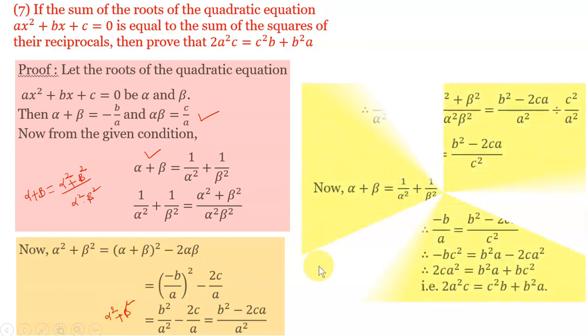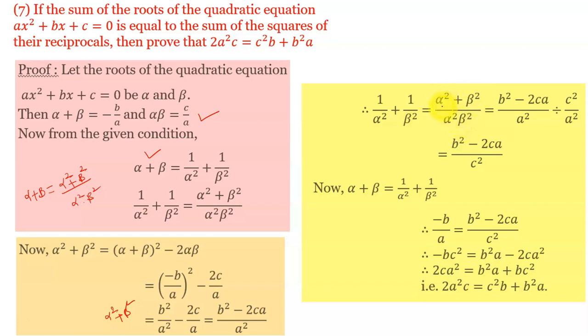Now the next, what is the condition we have given? That is alpha plus beta is equal to alpha square plus beta square upon alpha square into beta square. आता पुन्हा इथे आपण हे सिम्प्लिफाय करणार. The right hand side, 1 upon alpha square plus 1 upon beta square means what? Alpha square plus beta square upon alpha square into beta square.